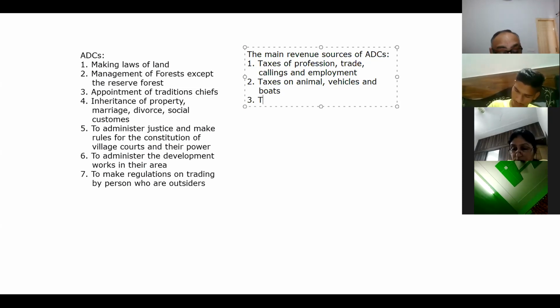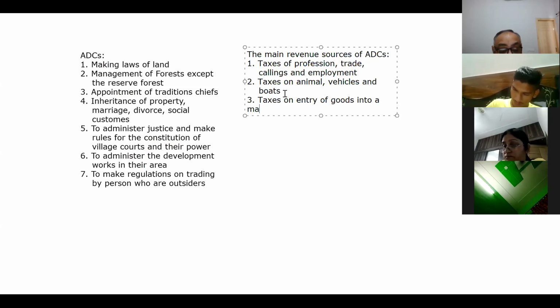तीसरा है टैक्सेस ऑन एंट्री ऑफ गुड्स, taxes on entry of goods into a market and sale therein, right?